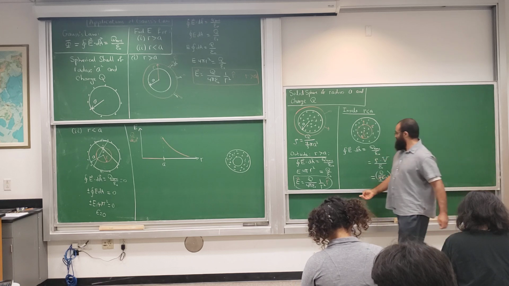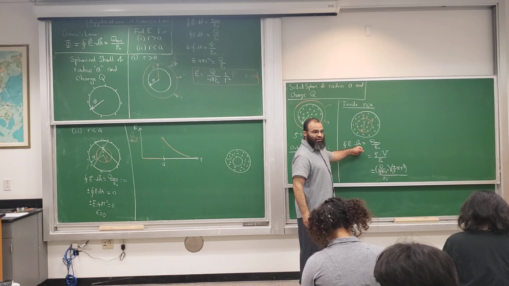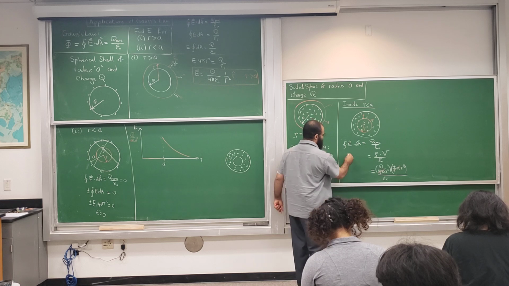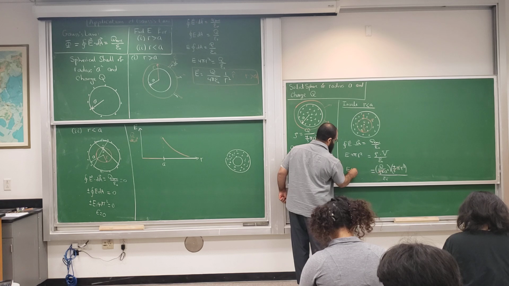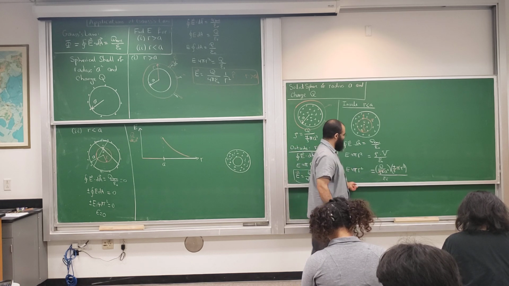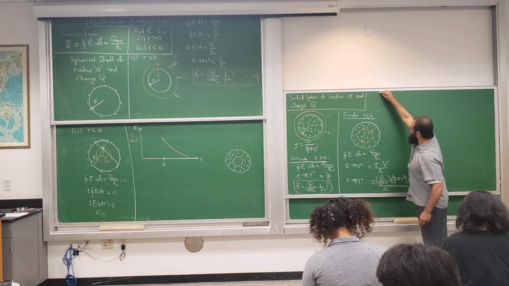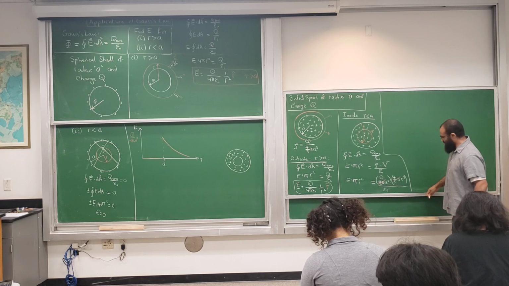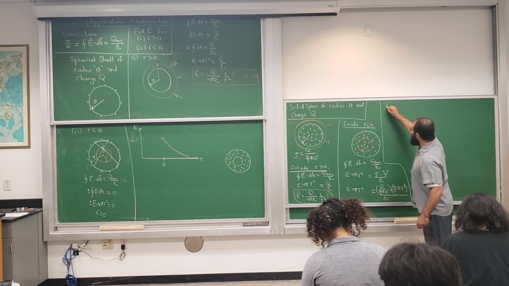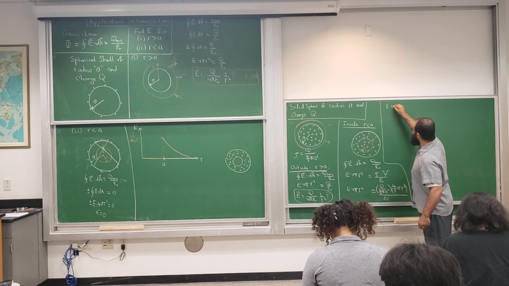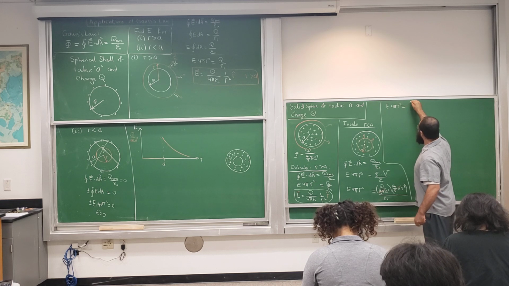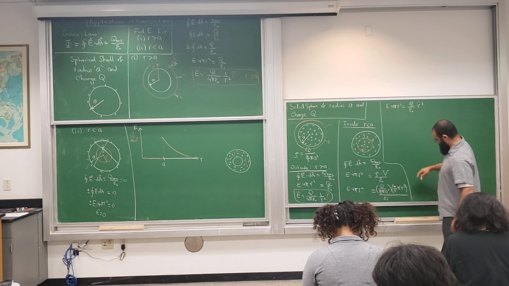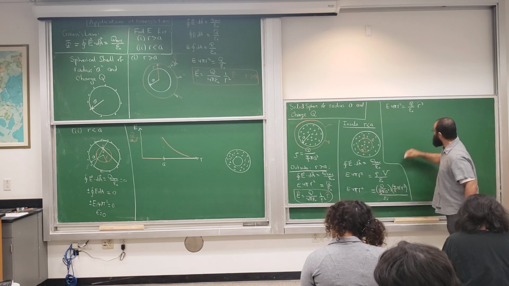So the left side, E and dA are parallel to each other, so you end up with just EA, so E times 4 pi r squared. We need to simplify this a little bit, so we get E times 4 pi r squared is equal to Q over epsilon naught and then R cubed over A cubed.